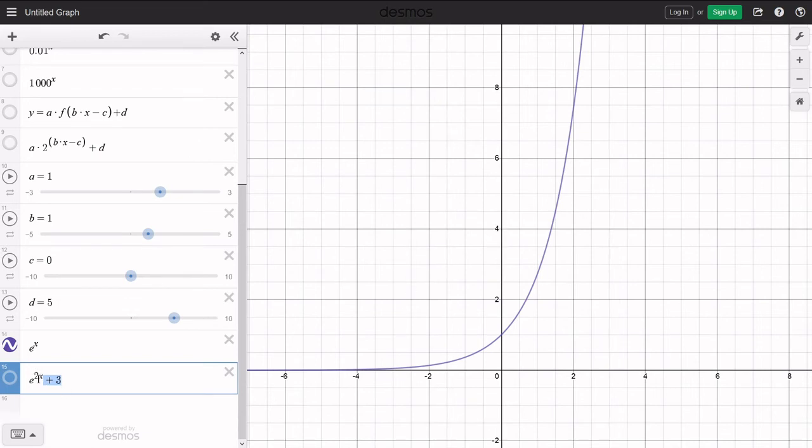Now this 2, you can see this is multiplying the x, so it looks like this b here. And that b, you remember, is a compression or a stretch horizontally. Because b is greater than 1, I can show you on this one again.